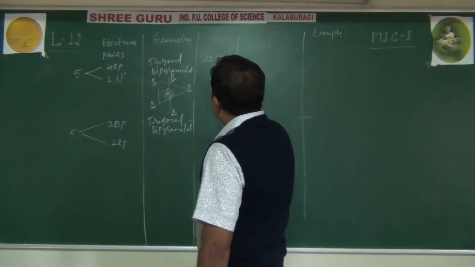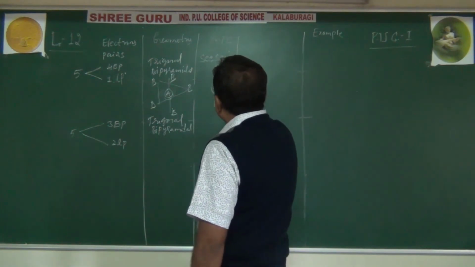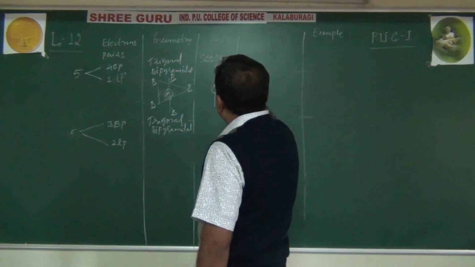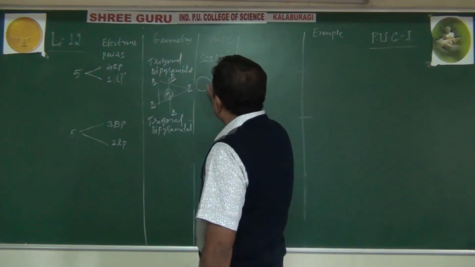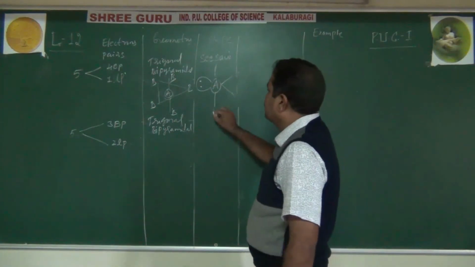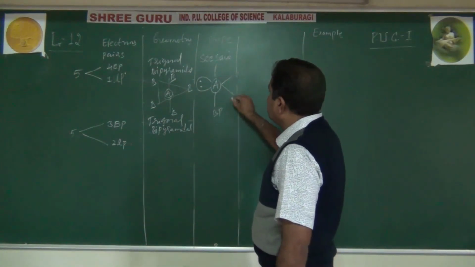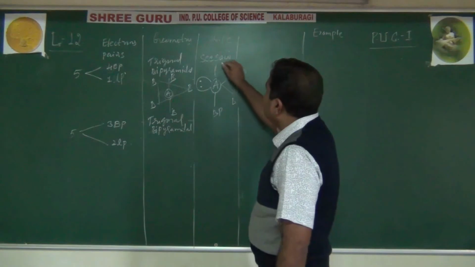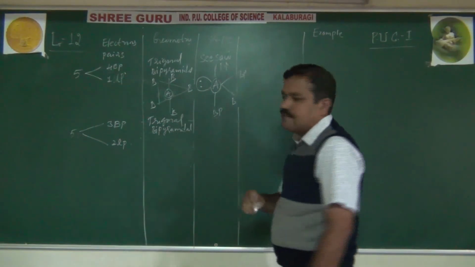1, 2, 3, 4, and 1. Why is it called seesaw? Bonding pair, bonding pair, bonding pair.